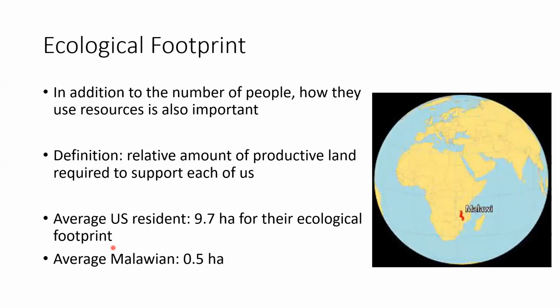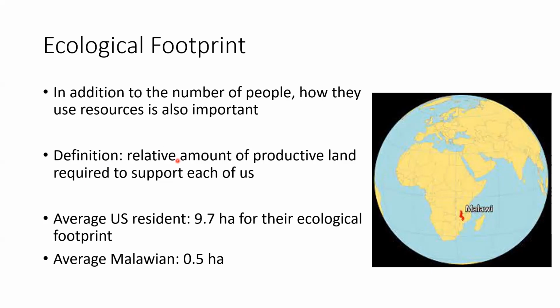But related to the food consumption, we also have to think about the ecological footprint. So obviously, as we have more people, that's going to use up more resources. But like I was talking about with the use of resources in the United States and in Europe, much larger than in other parts of the planet.